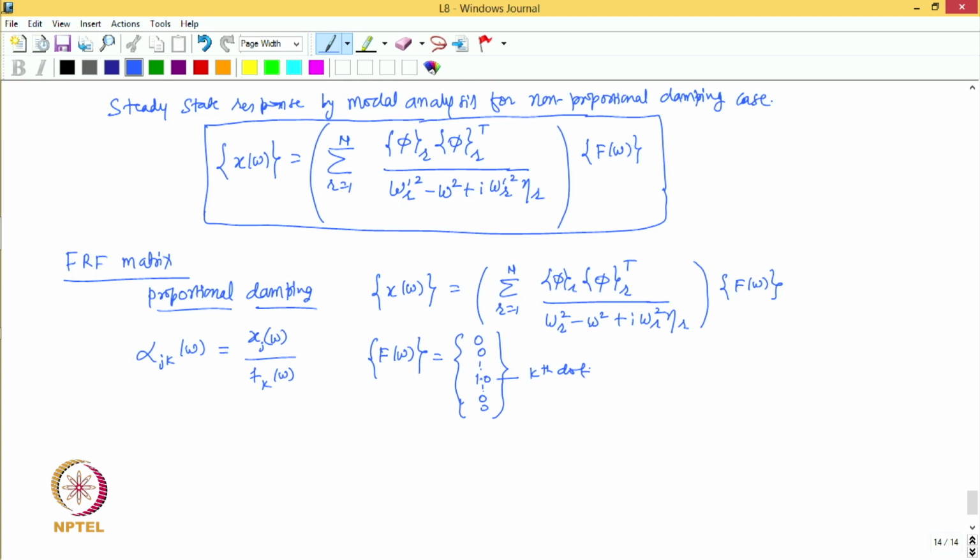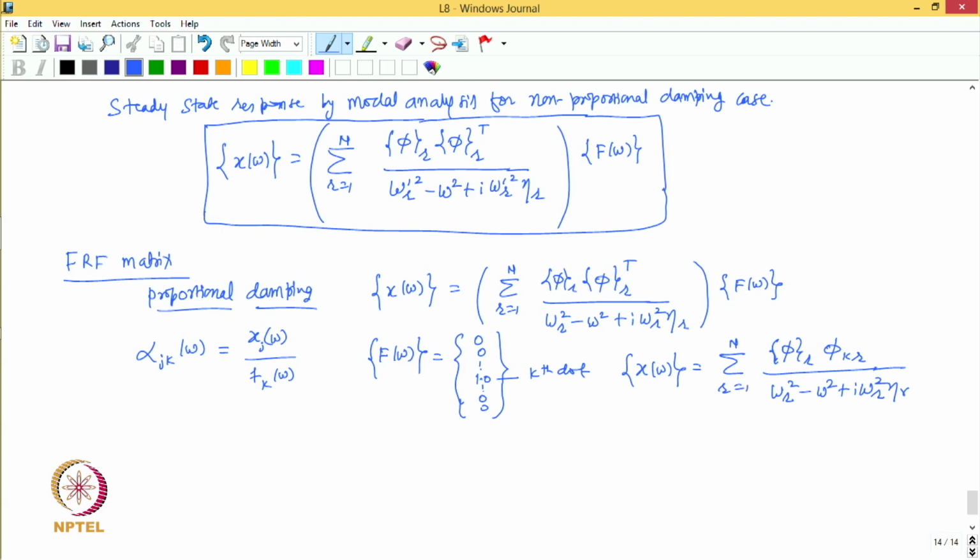When that is done, what we get is x of omega, and when we multiply it by phi r transpose, we get phi r times phi k r, the kth element of the rth vector, divided by omega r square minus omega square plus i omega r square eta r, with r varying from 1 to n.